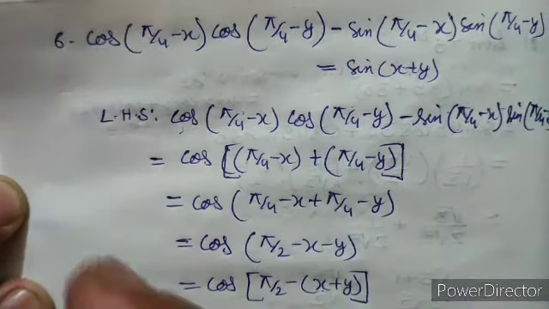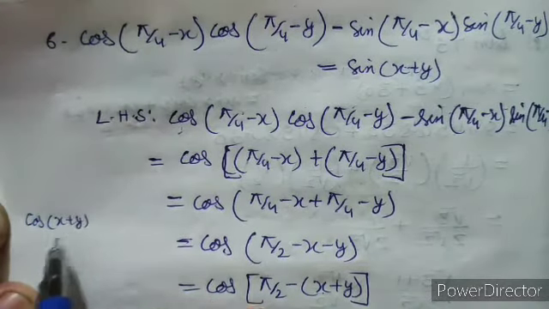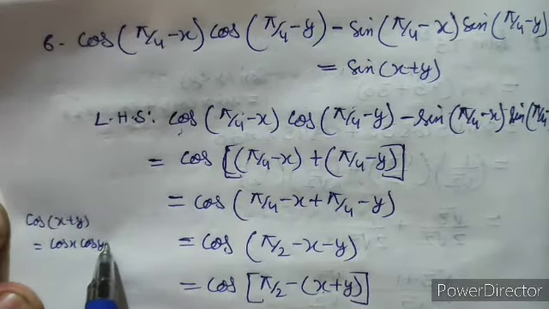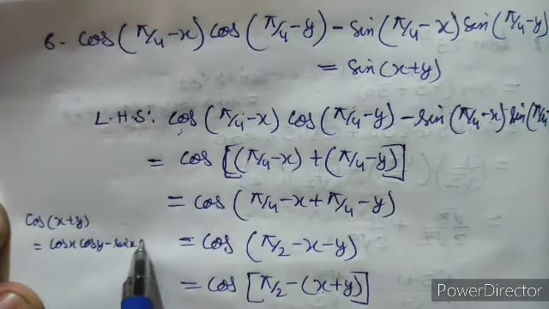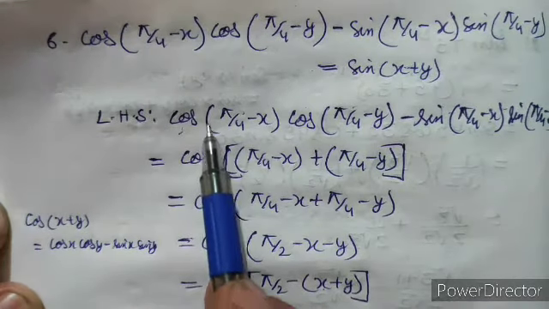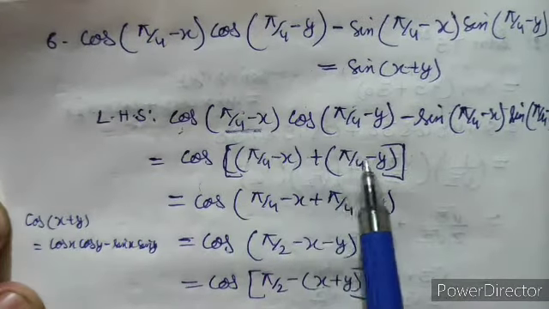And as we know that cos x plus y is equal to cos x cos y minus sin x sin y. So we can say that this can be written as cos x plus y.